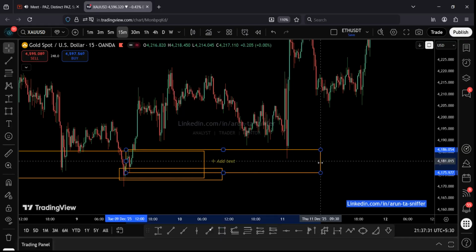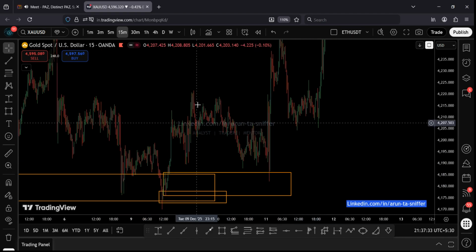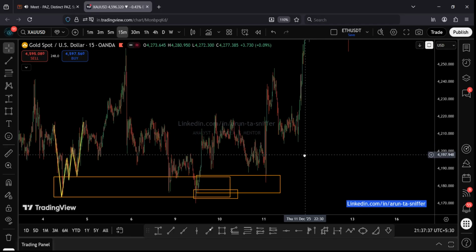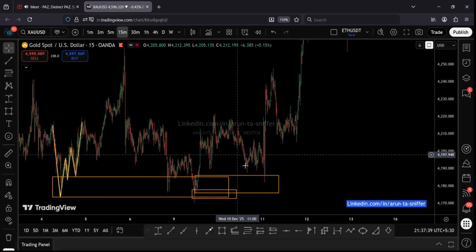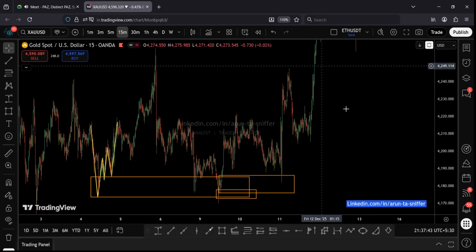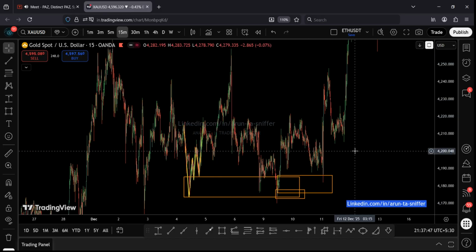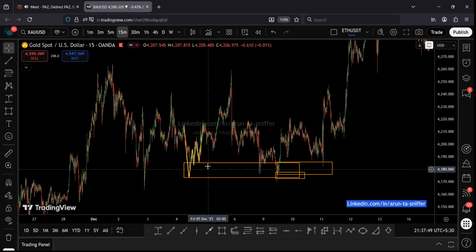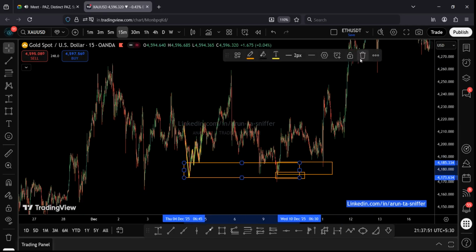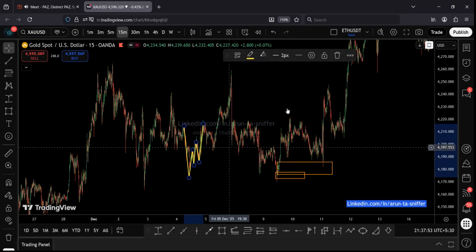So what will happen? When price goes up, then comes down to this zone, and then goes up again. Okay. Let's find another example of this symmetry and distinct PAZ so you can understand much better.